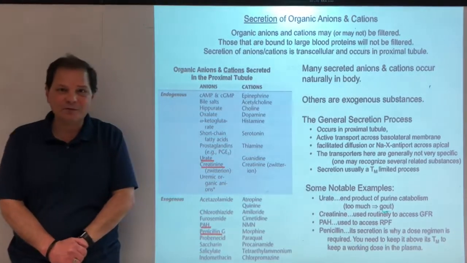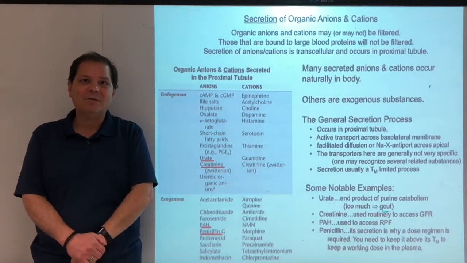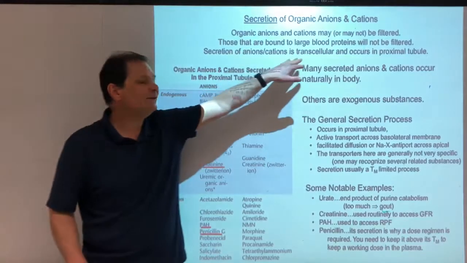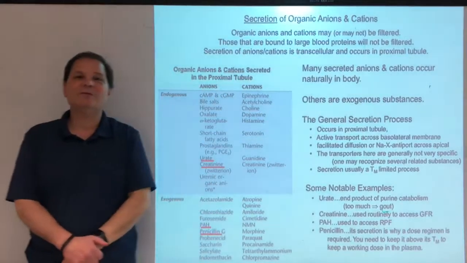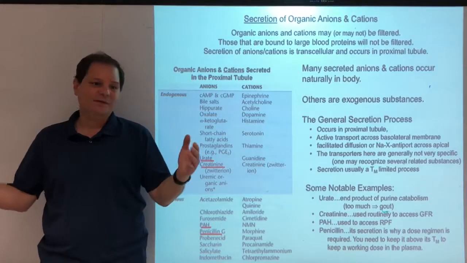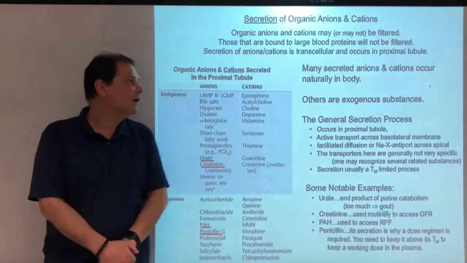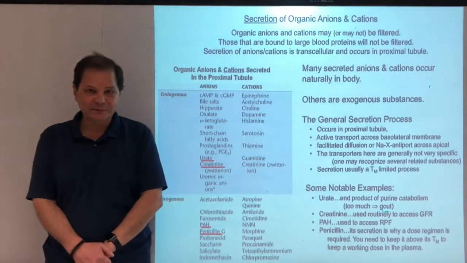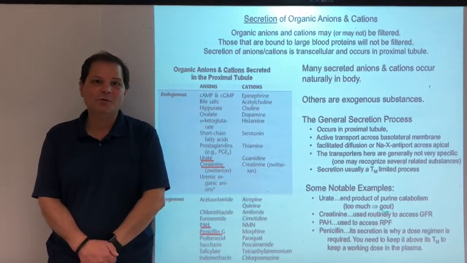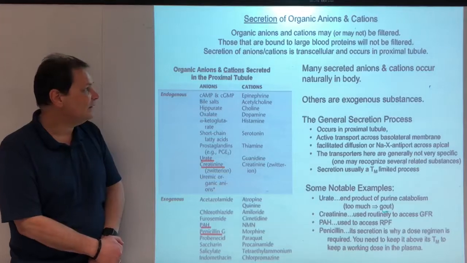And if they are protein bound to something big like albumin, then they're obviously not going to be filtered, which means that secretion is really, really important, particularly for those organic substances, because that'll be the only way that you can get them from the capillaries into the renal tubule. They generally won't be filtered. So you should bear that in mind. Secretion, really important for getting rid of some of these substances that are actually normally protein bound.